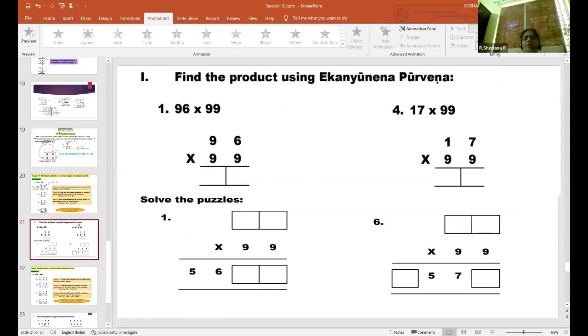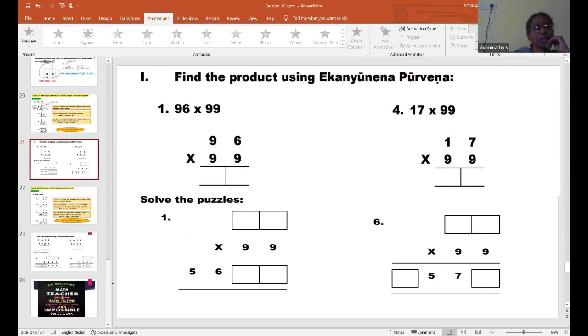Teachers, can you do these same problems? Ma'am, actually the same sum can be done in a different way also, applying the same sutra, Ekanyunena Purvena. Ma'am, can you put the previous slide? In 96, put a dash.